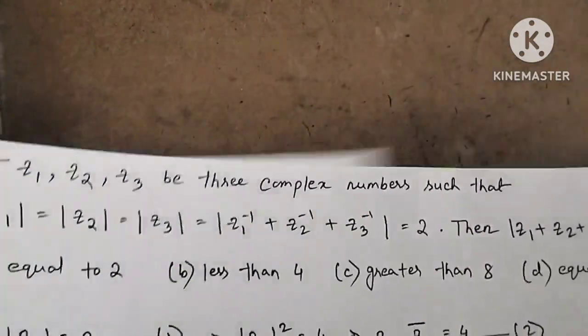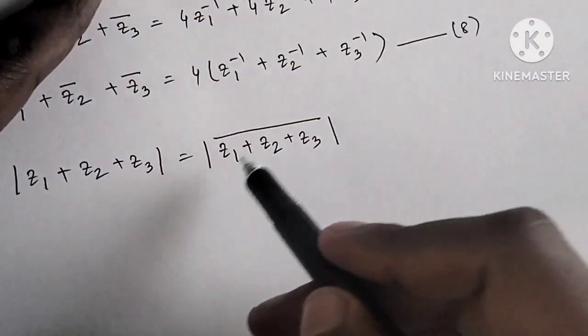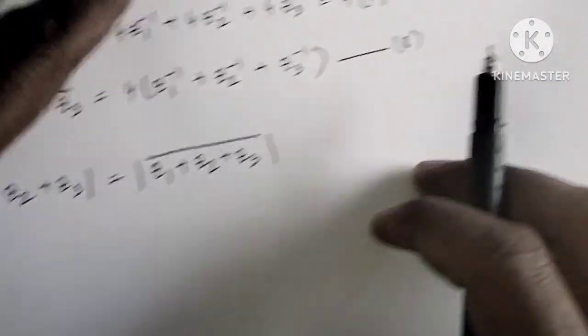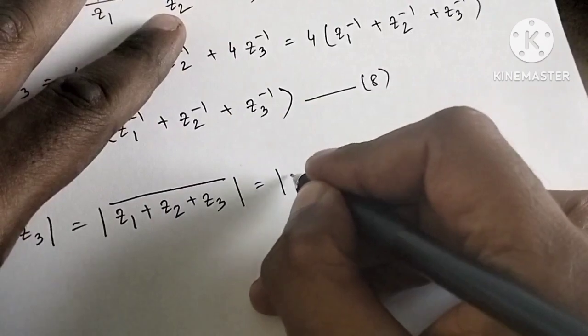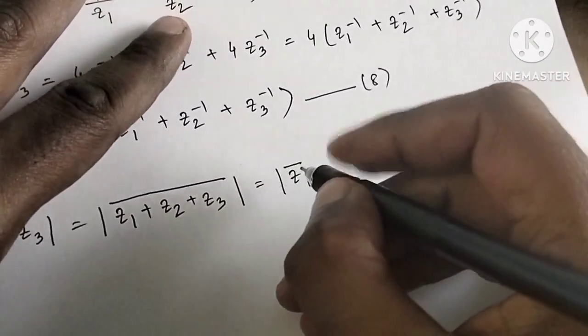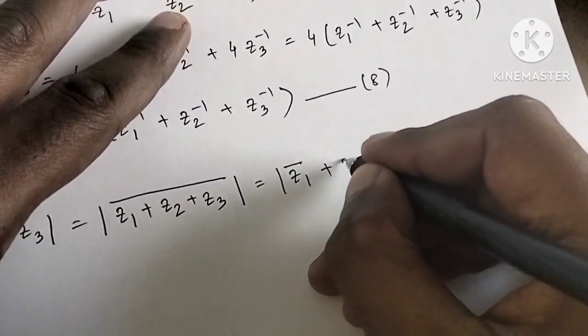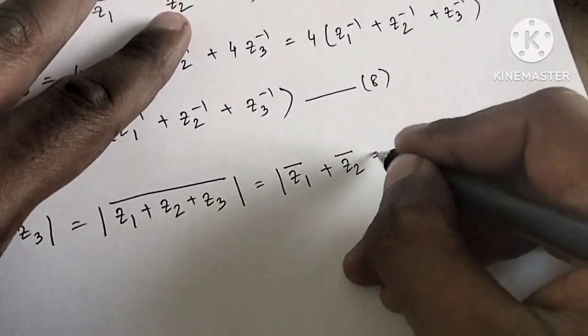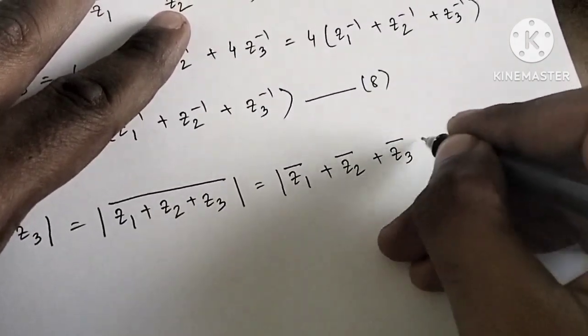So z1 plus z2 plus z3 whole conjugate is the same as z1 conjugate plus z2 conjugate plus z3 conjugate.